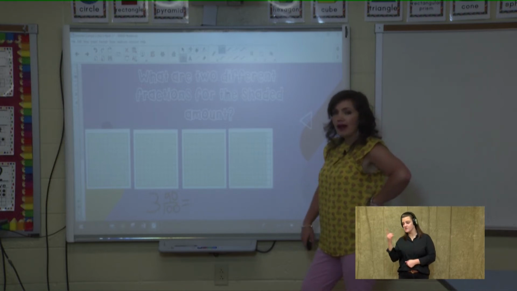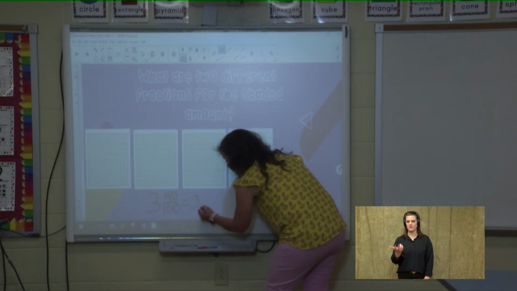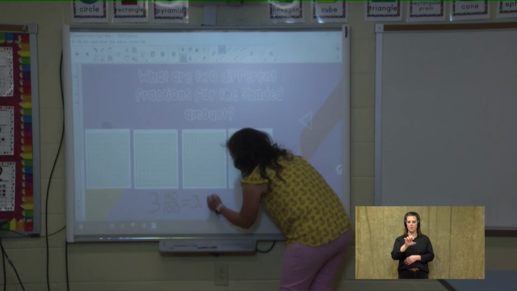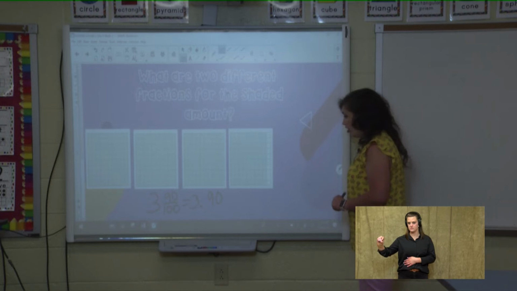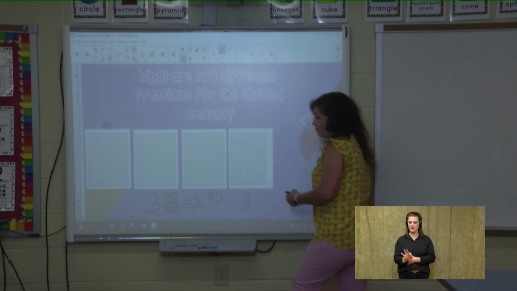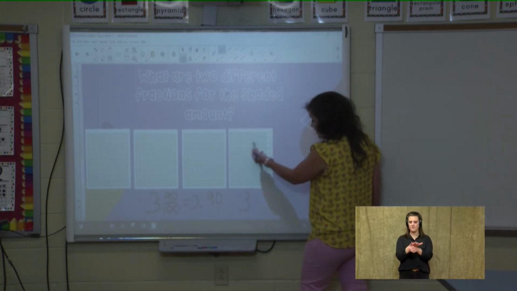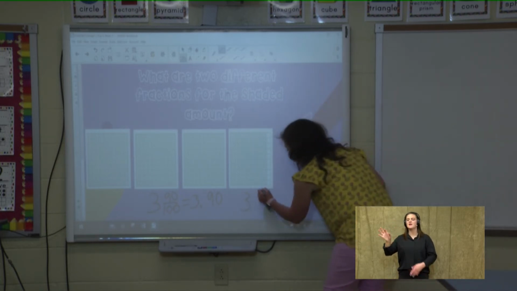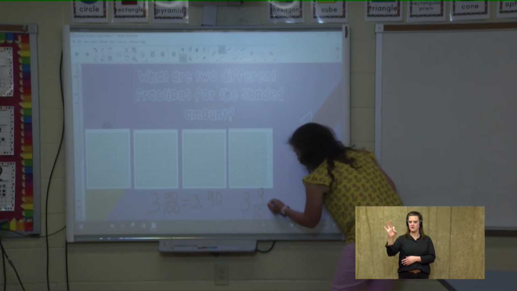Tell your partner, write it down. We have a 3 because we have 3 wholes, our decimal point, and 90 hundredths. We could also write our fraction like 3 because we have 3 wholes. And how many tenths do you see in these 90 hundredths? 9 tenths. So you could also write it like 3 and 9 tenths.